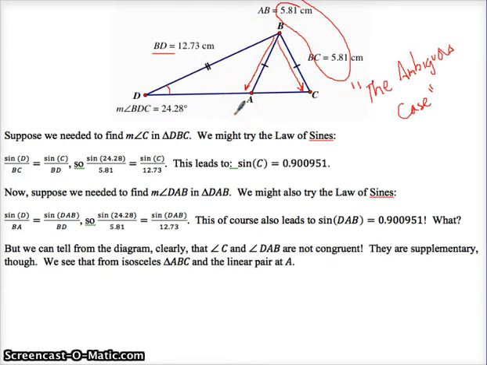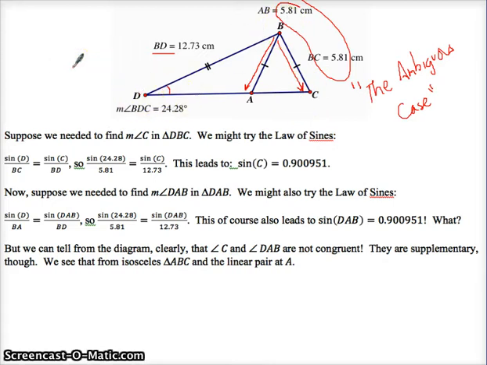So we could have side-side-angle make two triangles. So notice triangle ADB and triangle CDB both have this side and the angle.